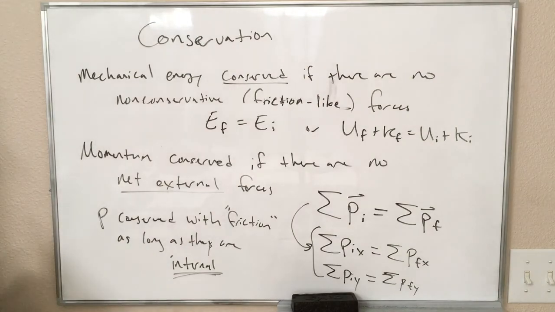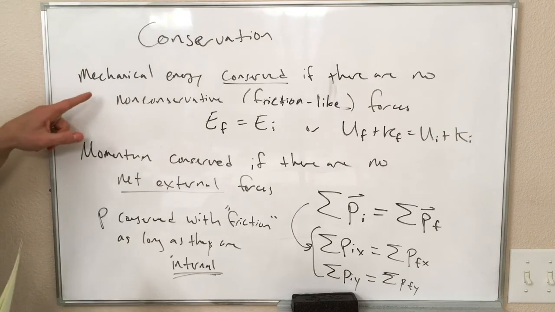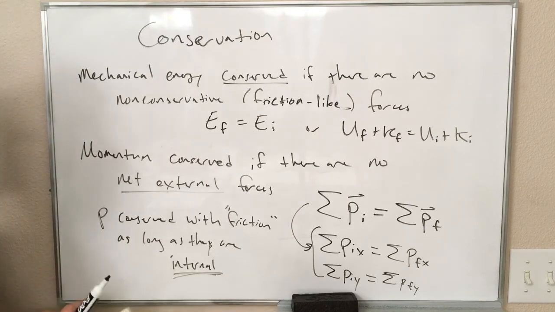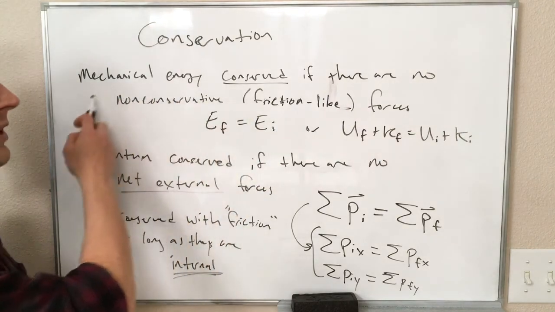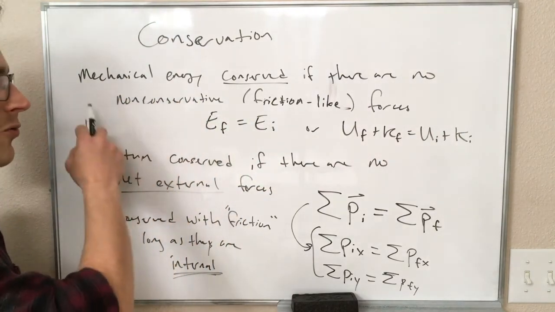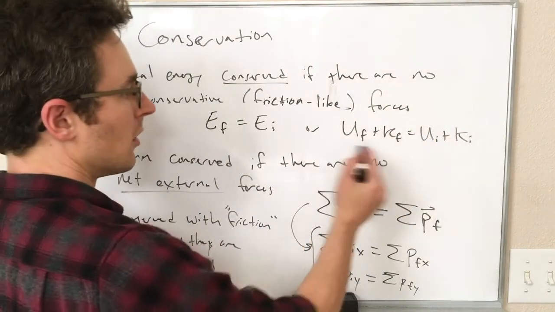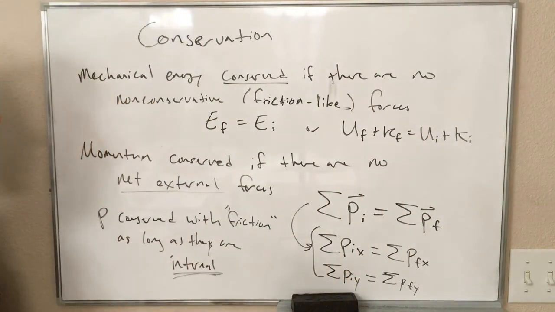So contrast this with our mechanical energy conservation. Here, if there's anywhere energy can be lost, like in these non-conservative forces, that's going to make it so our initial energy does not add up to our amount of final energy.